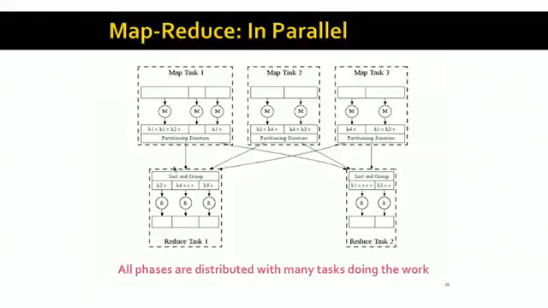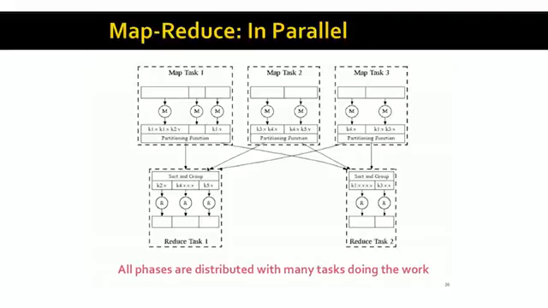This ensures that all the same key values, whether they're in map task 1, 2, or 3, end up being sent to the same reduce task. So in this case, the key K4, regardless of where it started from, whether in 1, 2, or 3, always ends up at reduce task 1, and the key K1 always ends up at reduce task 2.